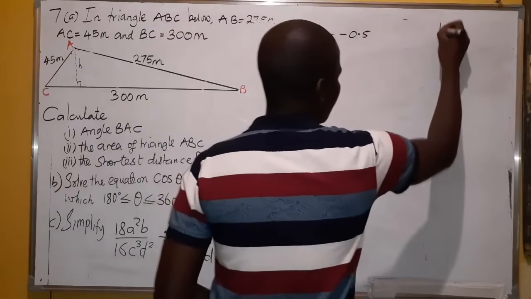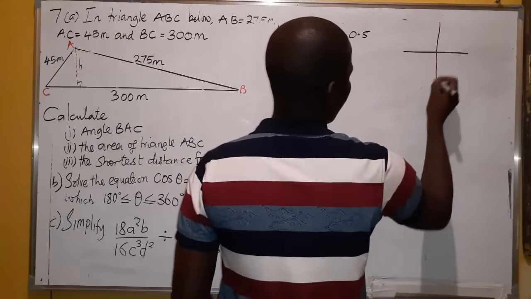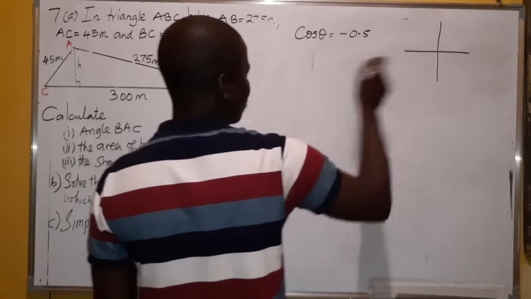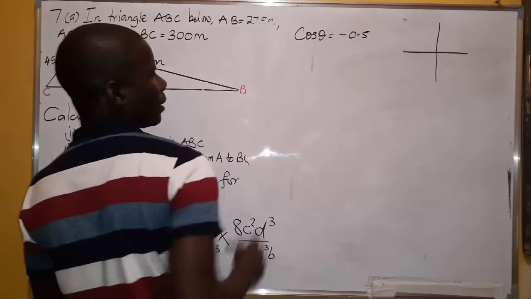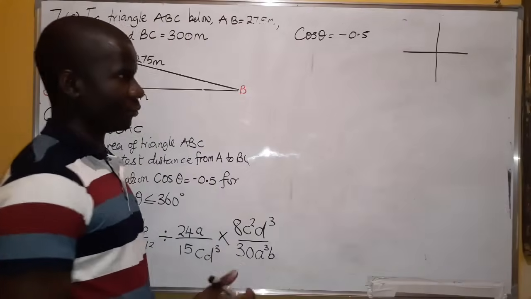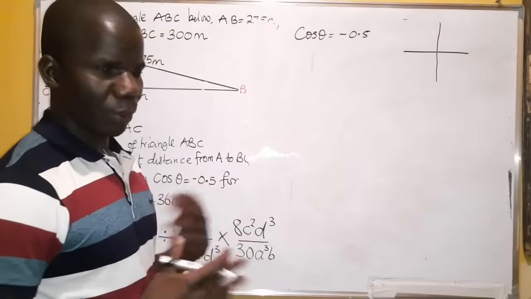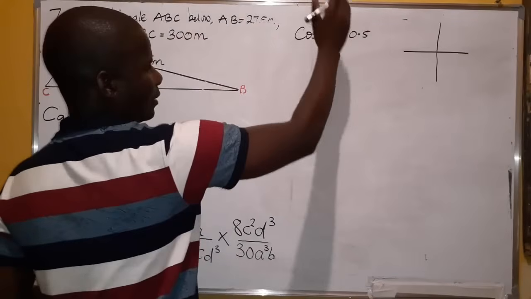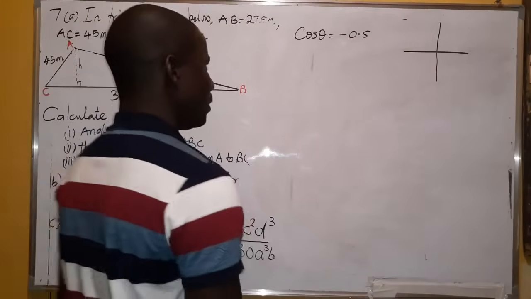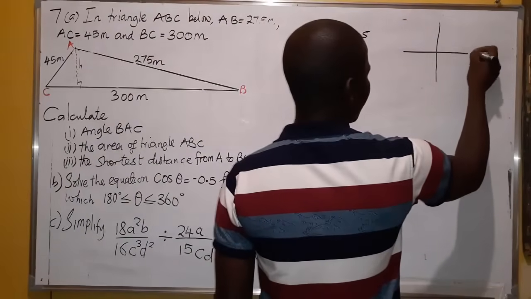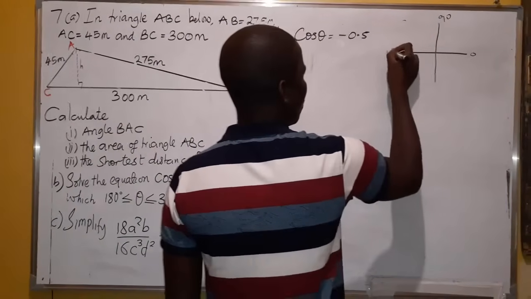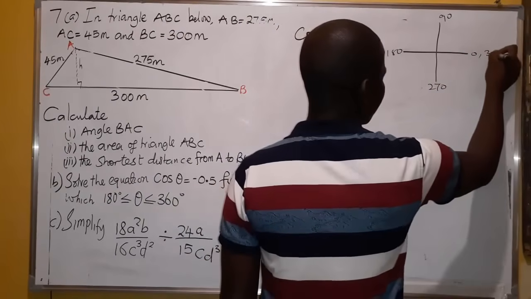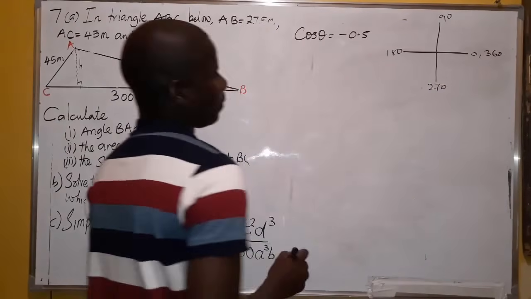Okay? So we have the quadrants here: the first quadrant, the second quadrant, third quadrant, and fourth quadrant. Cos is negative, so in which quadrants? We are looking at where cos is negative. So this is like 0, 90, 180, 270, back to 360.